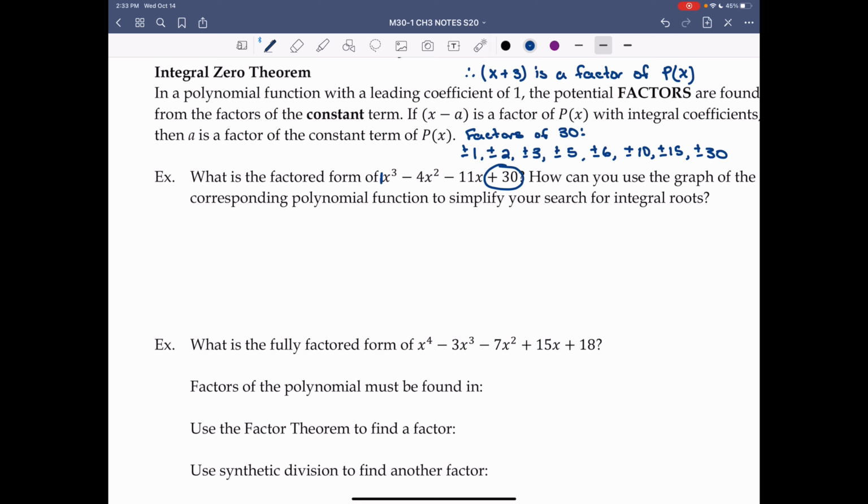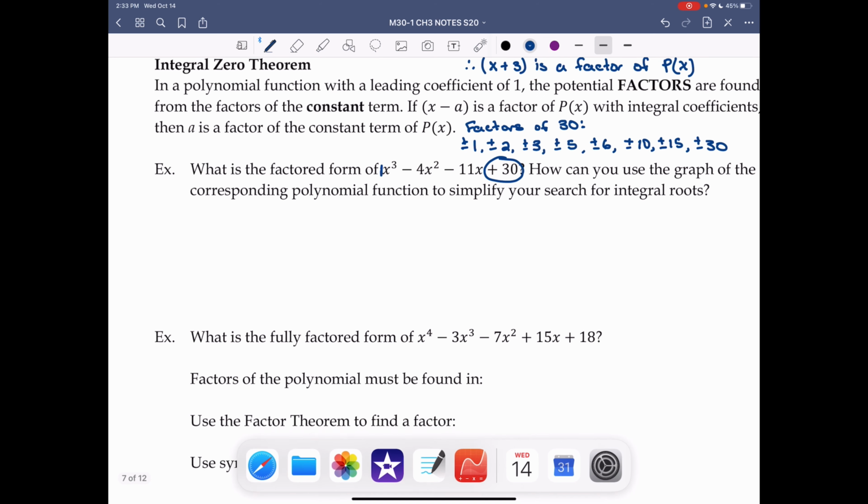So we could go about just testing those numbers by using the factor theorem and subbing them in to p of x to see if we get a remainder of 0. But there's quite a few to test there. So how can we use the graph of the corresponding polynomial function to simplify your search for integral roots?